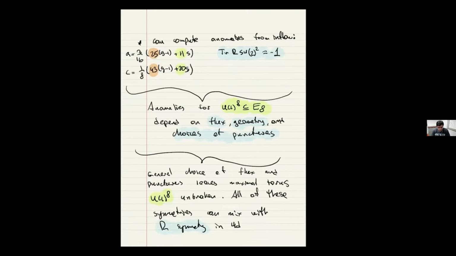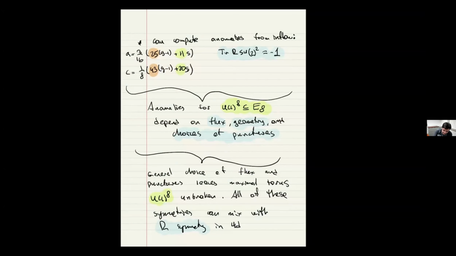Okay, so again, as in the minimal SU3 case, you can compute the anomalies with the punctures, and you get these results for the A and C anomaly, and you have a puncture symmetry which is SU2. You can compute the trace R SU2 squared anomaly, which turns out to be equal to -1.